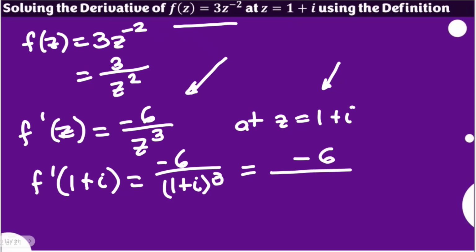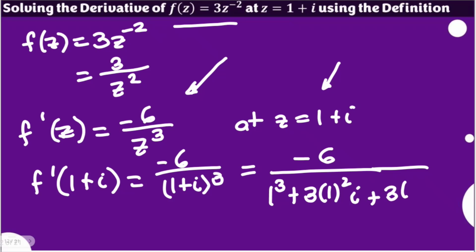you can give the appropriate value for your denominator. That's actually the cube of a binomial: the cube of 1, plus 3 times the square of 1 times i, plus 3 times 1 times i squared, and finally plus i cubed.